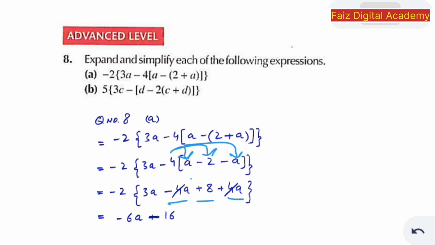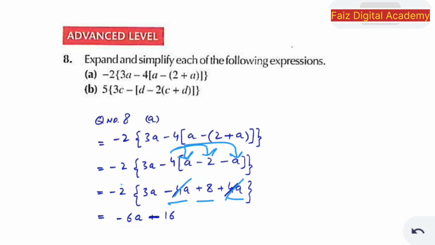Then we can see that minus a can be cancelled with this 4a because one is positive and the other is negative. So same values with different signs can be cancelled. Same values having same variable can be cancelled with each other if they carry different signs.